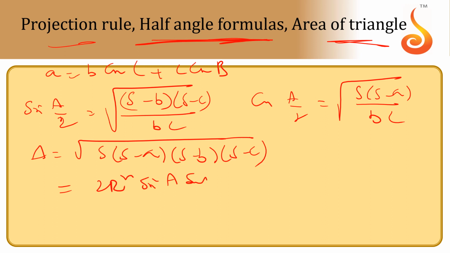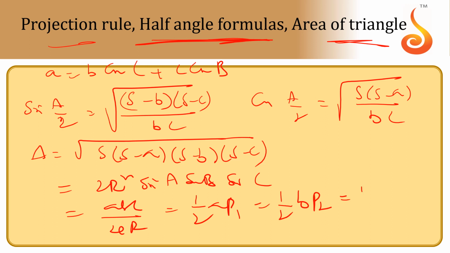2R square sin A sin B sin C, abc by 4R, half a p1, half b p2, half c p3 is a basic formula, half base into height, where p1, p2, p3 are nothing but the altitudes.